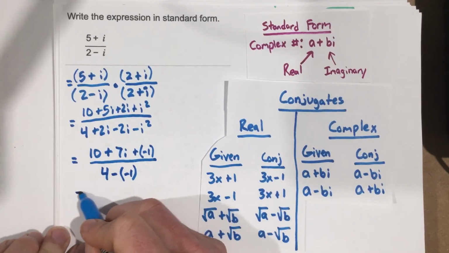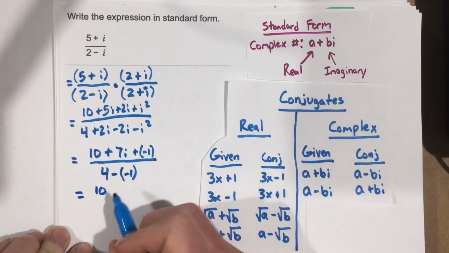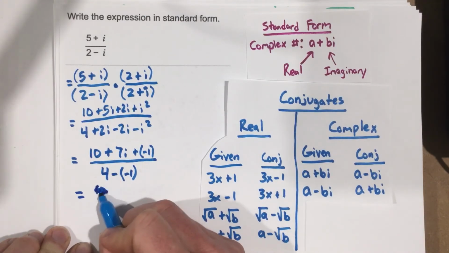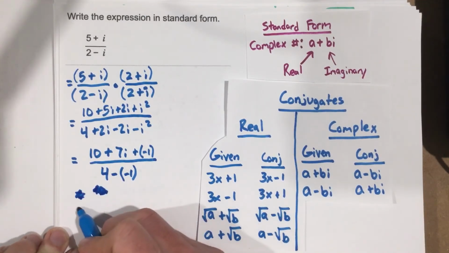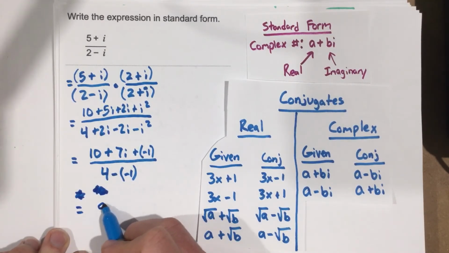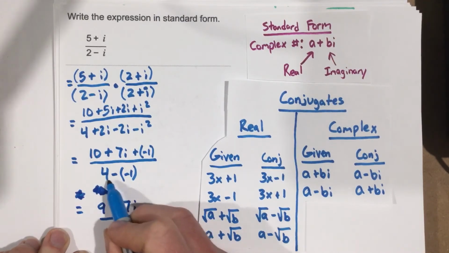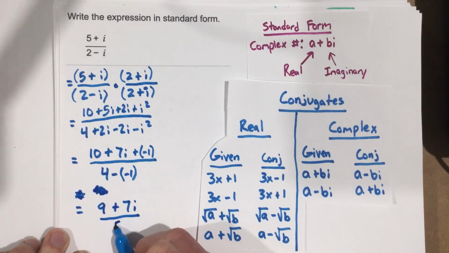And that's going to give us 10, well no, it'll give us 9, cross that out. I'm just going to say equals here. So that's going to give you on top 9 plus 7i over 4 minus negative 1, that's 5.